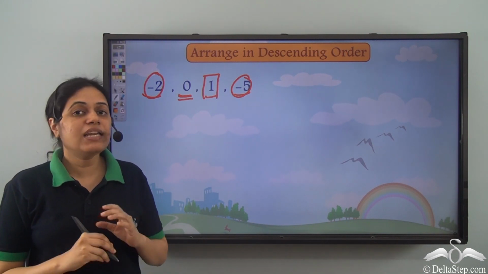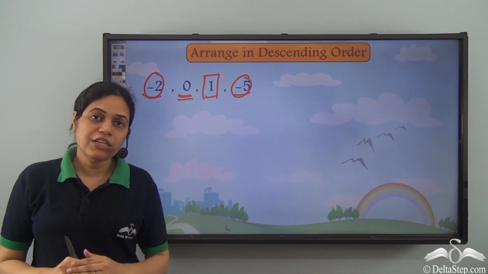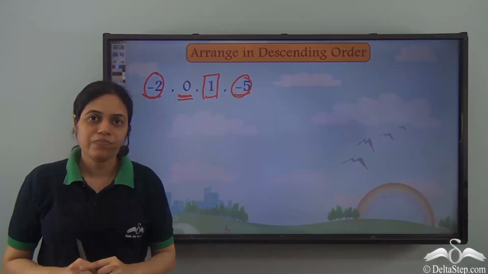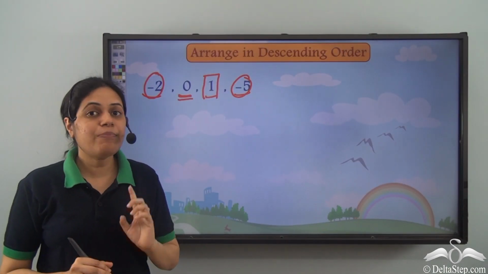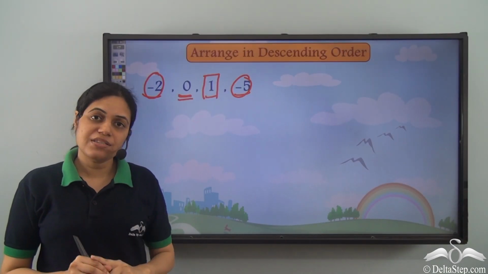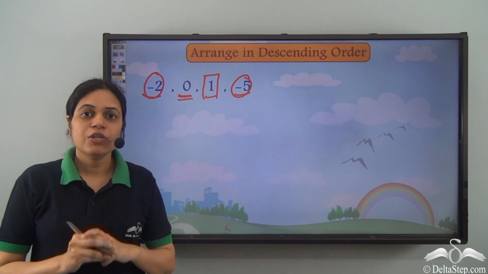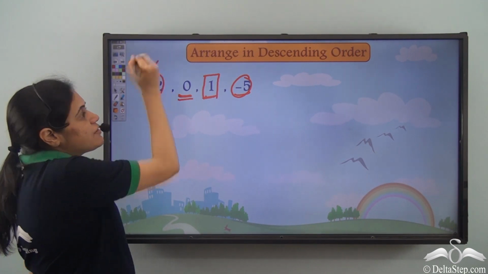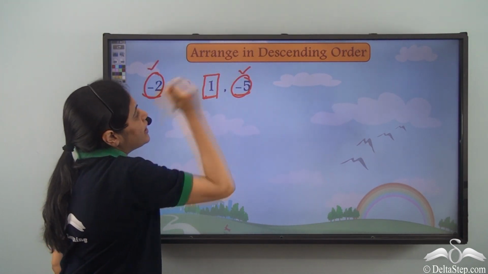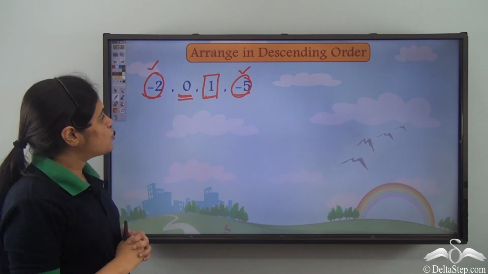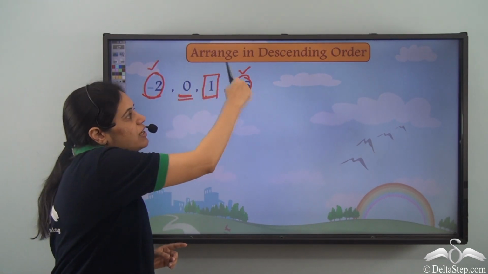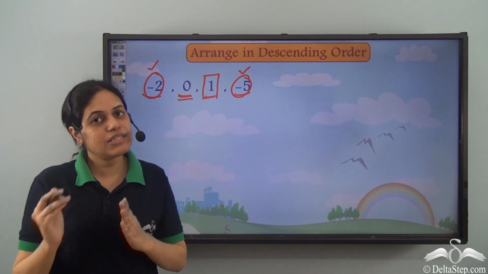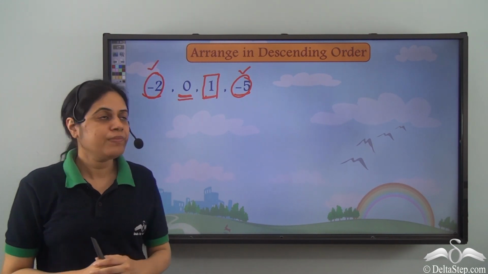Now I need to find the largest number. I know that 0 is greater than any negative number. I know that any positive number is greater than any negative number. So the positive number 1 will be greater than negative 2 and it will also be greater than negative 5, because any positive number is greater than any negative number.